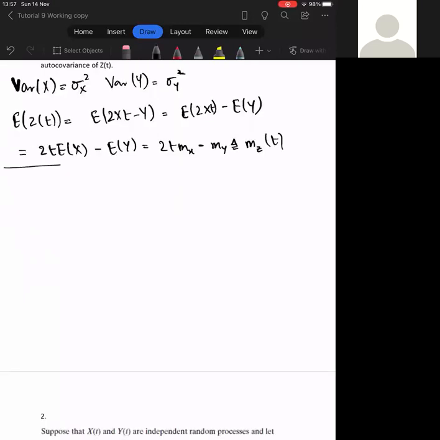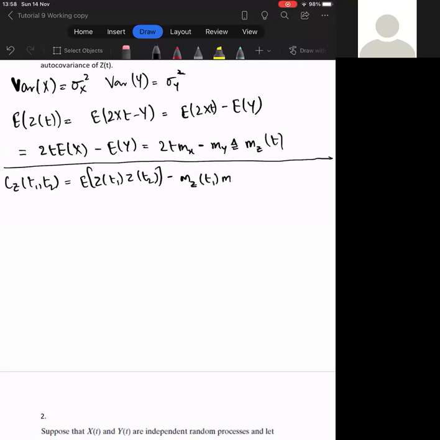So let's find that as well. Cz of t1 comma t2 is just equal to E of Z of t1 Z of t2 minus mz of t1 mz of t2.